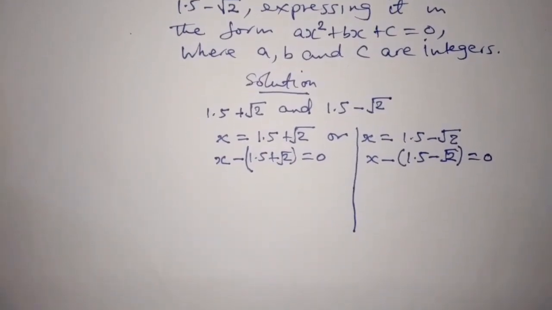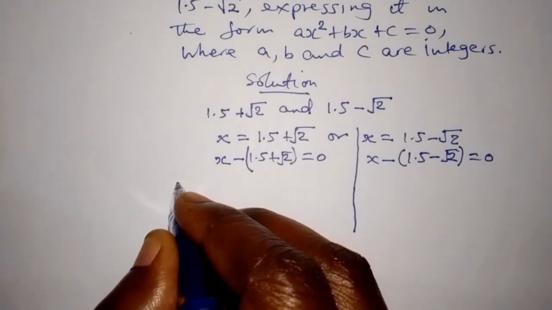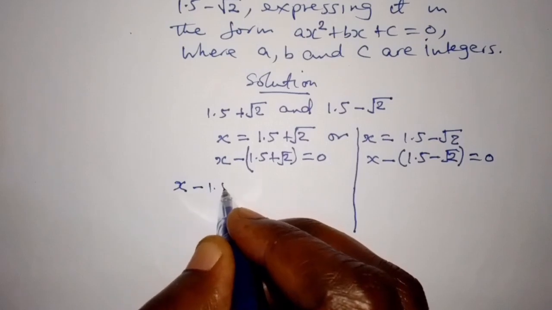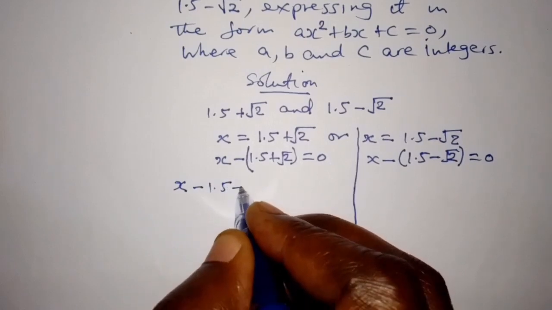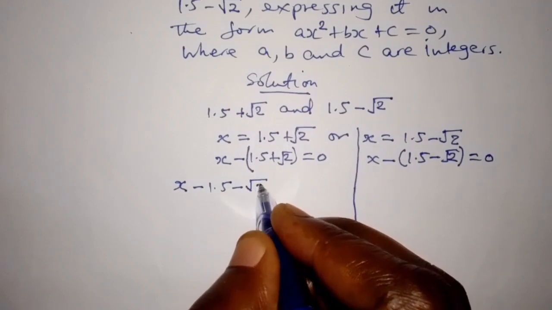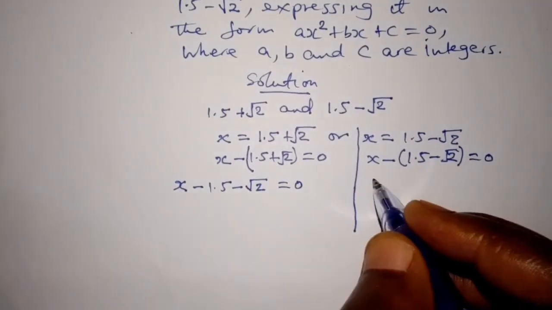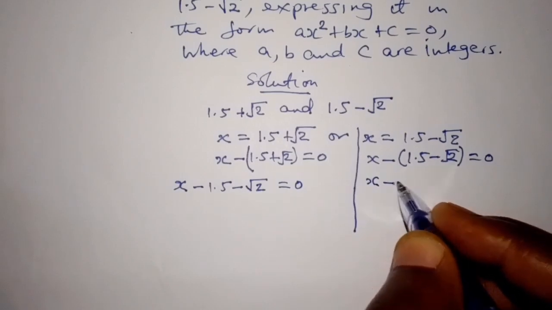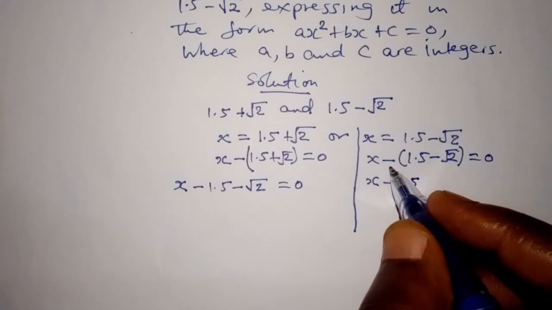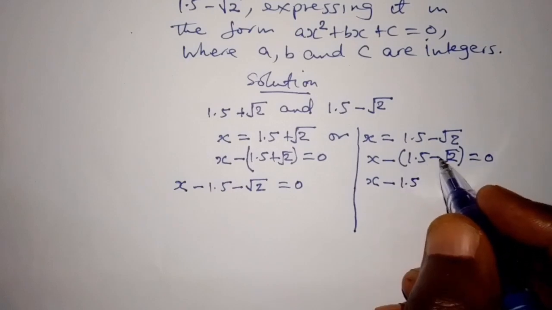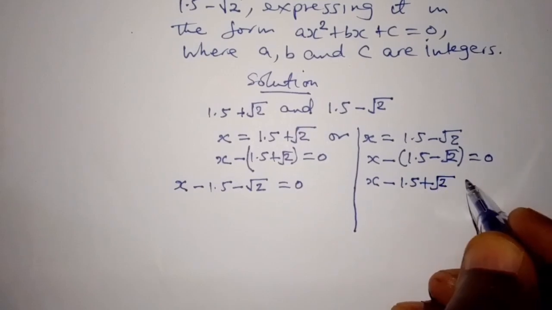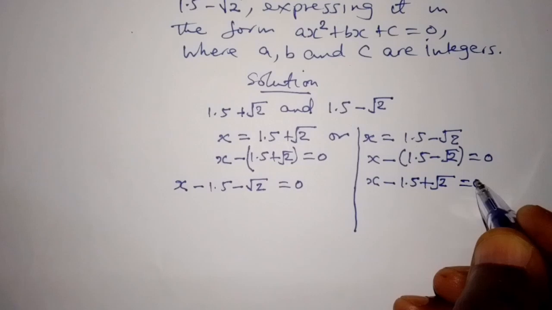So now you can say that x minus 1.5 minus square root of 2 is equal to 0. x minus 1.5, negative and negative becomes positive, plus square root of 2 is equal to 0.